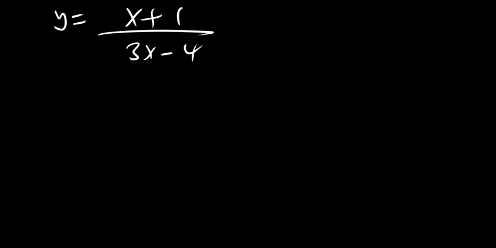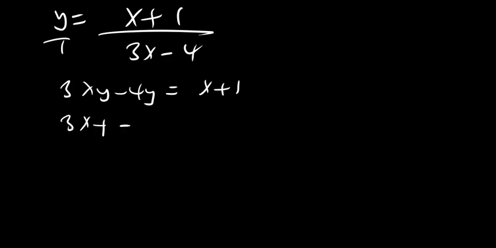So if I cross multiply here, I'll end up having 3xy minus 4y being equal to x plus 1. Making x the subject of the formula, it's going to be 3xy minus x. I've shifted this x to the other side, should be equal to 1 plus 4y.